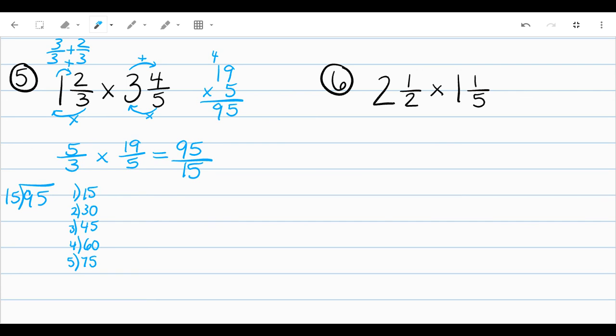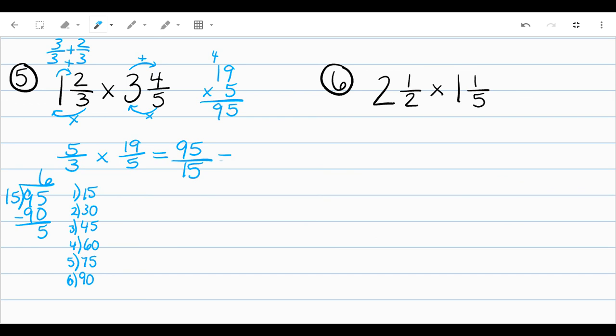Now, if I add another 15, that would make 90. So 15 times 6 would be 90. Well, I can't add another 15 because I'll get bigger than 95. So that means that 1, 2, 3, 4, 5, 6 times is 90. And when I subtract, I get a remainder of 5.